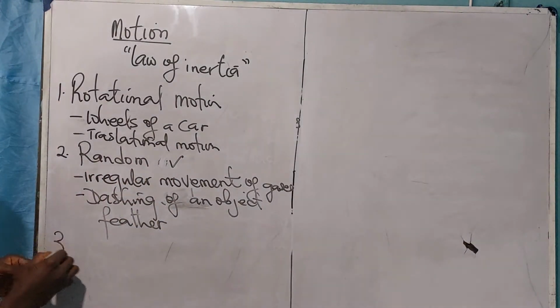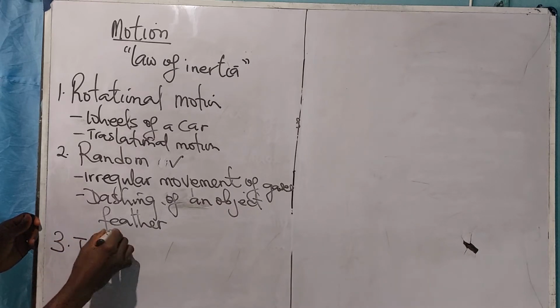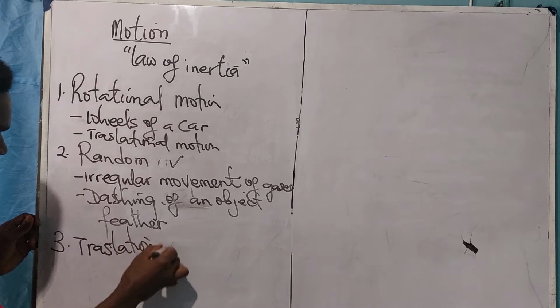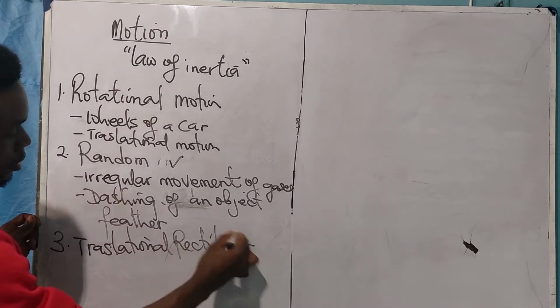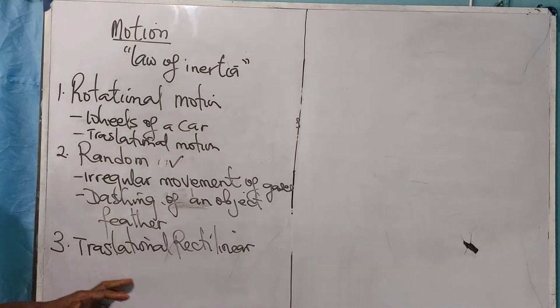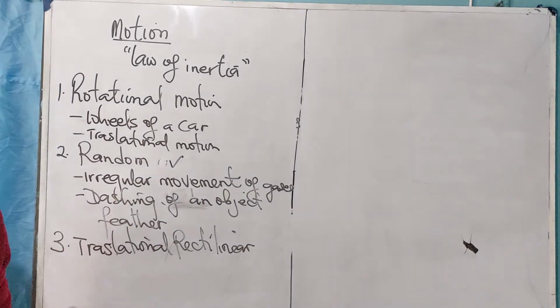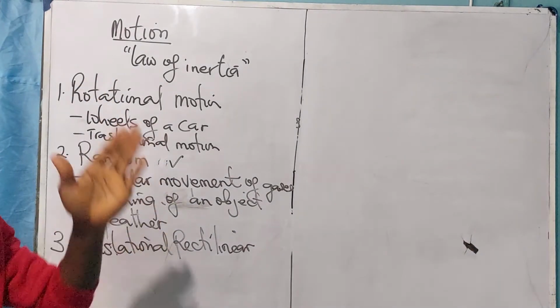Number 3 is translational rectilinear motion. A translational rectilinear motion is a type of motion in which a body or an object moves or travels through a definite path.